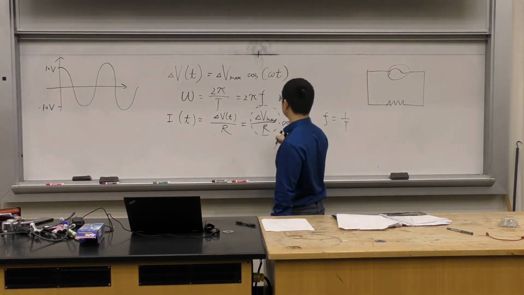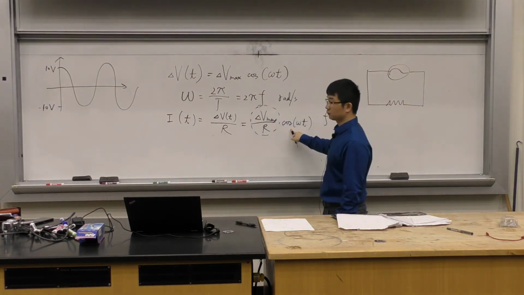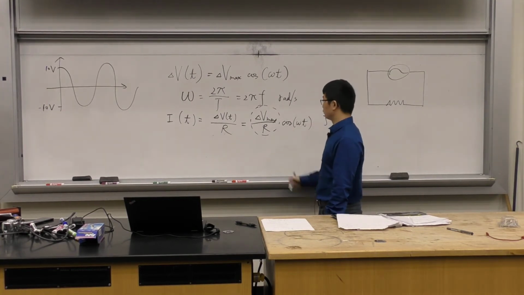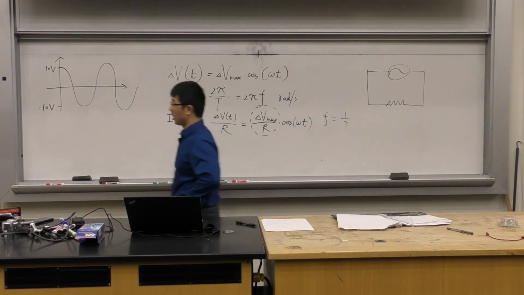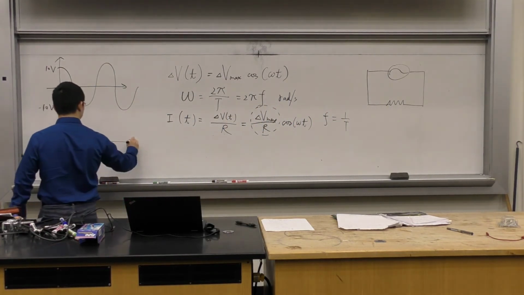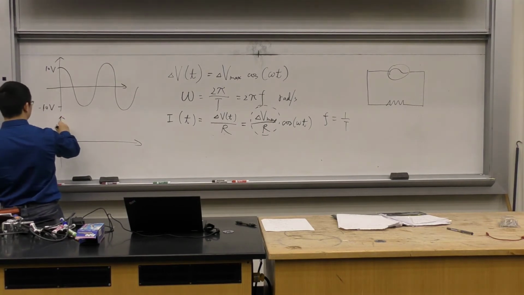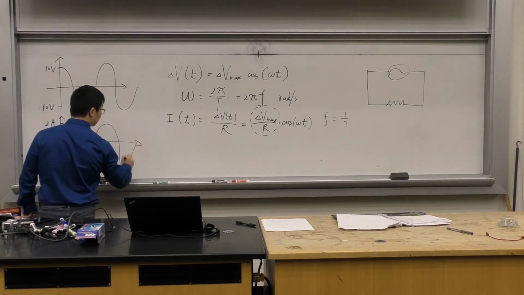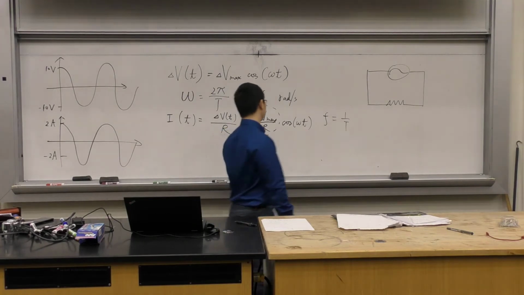Because this is a cosine function, this function is going to vary from negative 1 to 1. So whatever this value is, the current is going to vary between positive and negative that value, right? So say if this current is going to be negative 2 amps to 2 amps, then 2 amps is going to be the maximum current.